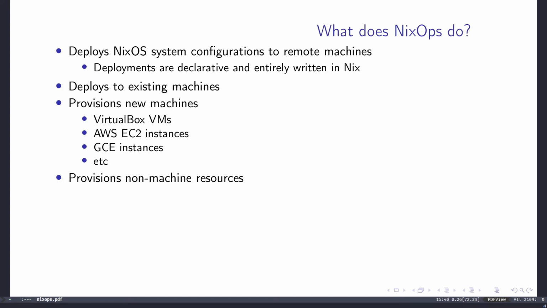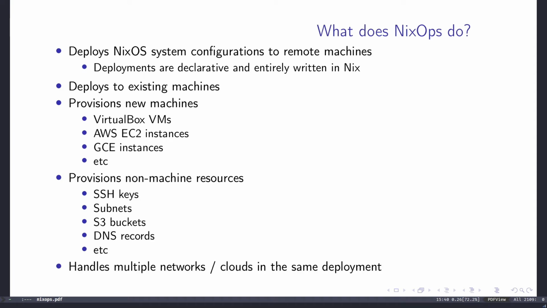It can also provision non-machine resources such as SSH keys and subnets and S3 buckets and DNS records and much more. It also handles multiple networks and clouds in the same deployment and can set up encrypted tunnels between hosts.